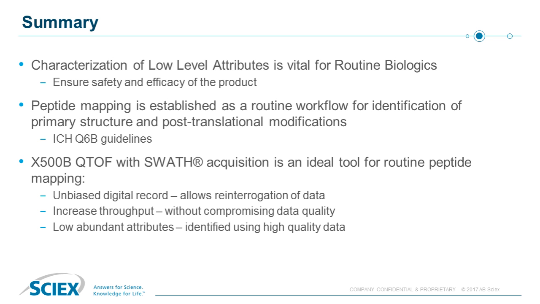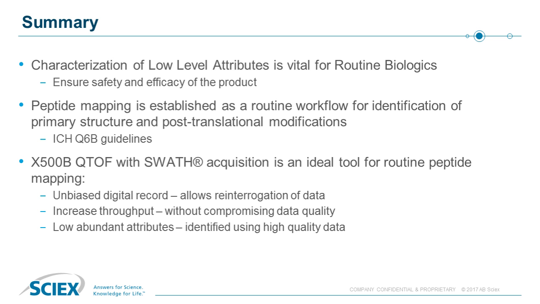And how peptide mapping, which is established as a routine workflow for identification of primary structure and post-translational modifications under the ICH Q6B guidelines, can be used to do the low-level attribute analysis. And with the examples that I've given, how the X500B QTOF with the SWATH acquisition can be an ideal tool for routine peptide mapping.